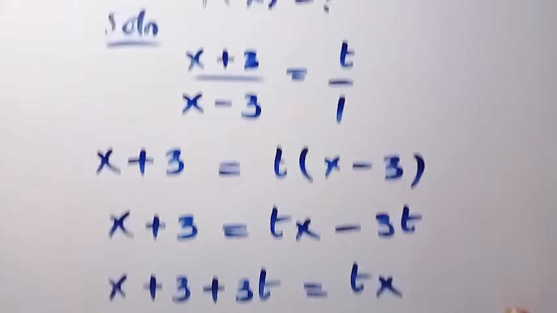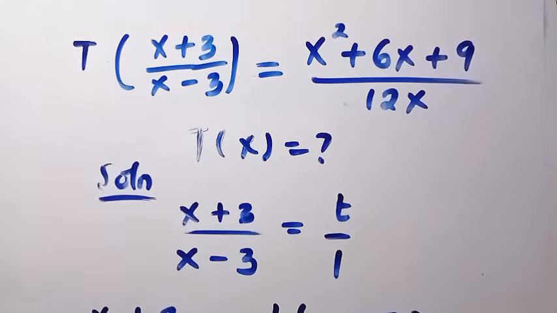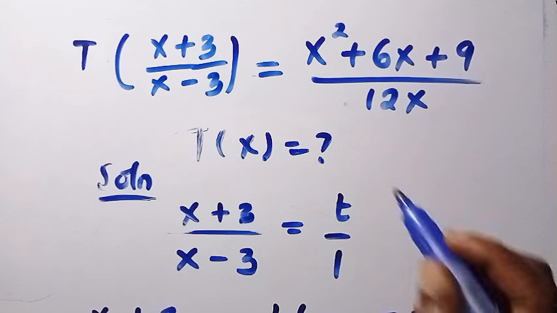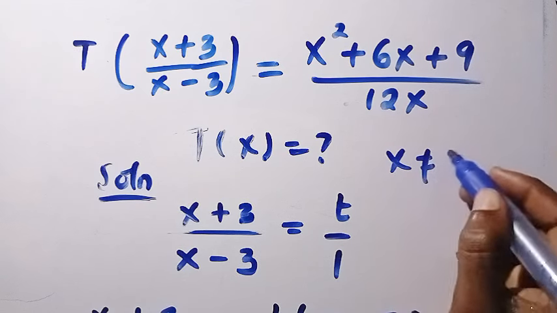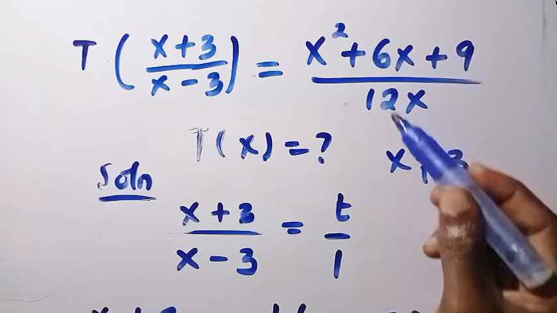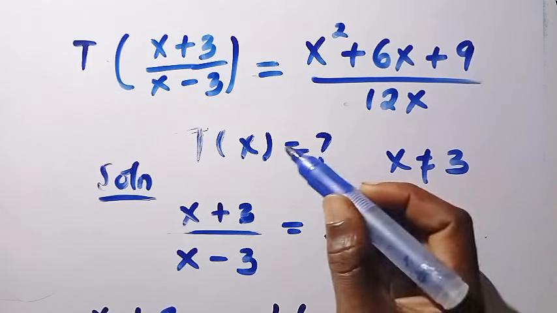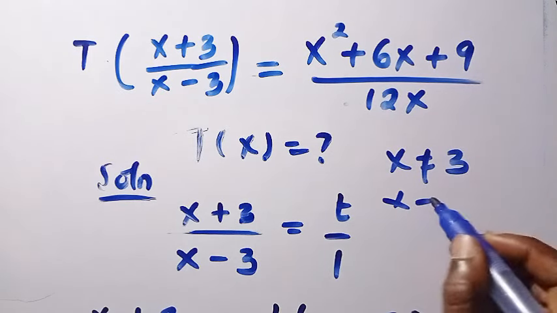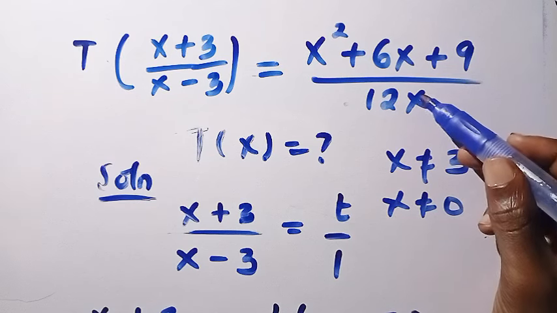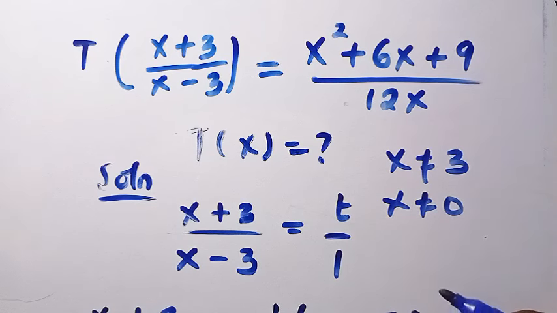Let's come back to the given question. Looking at this problem, x is not equal to 3; that is the first thing to consider. And looking at this side as well, x is also not equal to 0 because of this x.